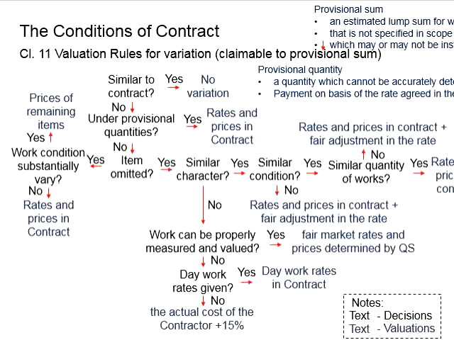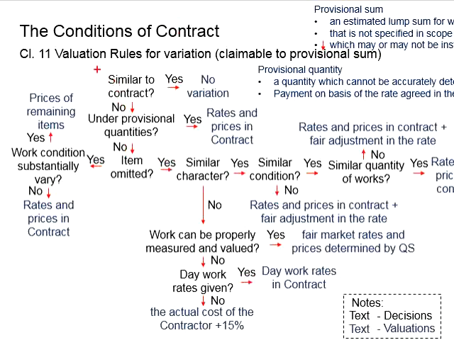The contractor will need to carry out the work in accordance to the contract and get paid in accordance to the contract. There won't be additional payments from the employer to the contractor, as it is not a variations in the first place.